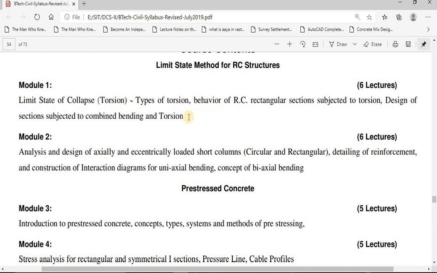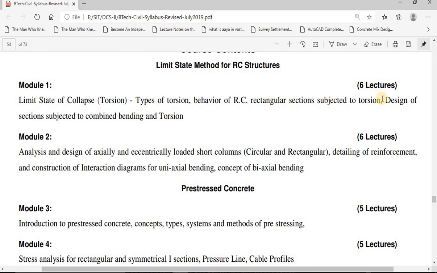So in this module number 1 we are going to study about the torsion, introduction to torsion, how the torsion is induced in the beam, and the behavior of RC rectangular section subjected to torsion. When the torsion is induced in a rectangular section, how will be the behavior of that section, we are going to study in this particular unit.